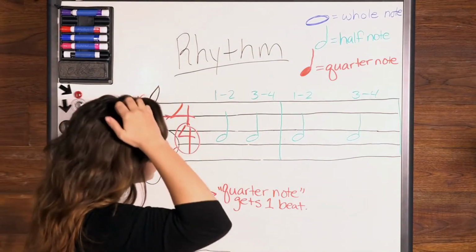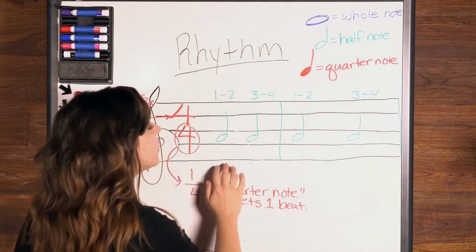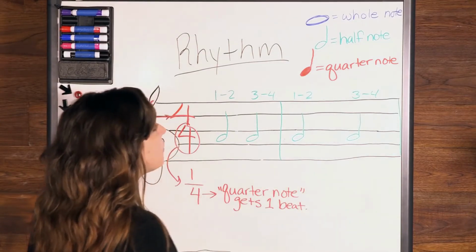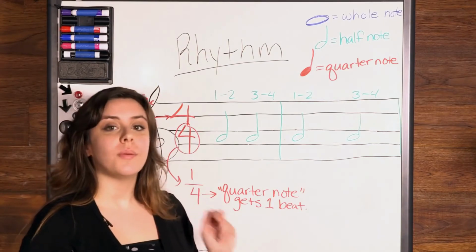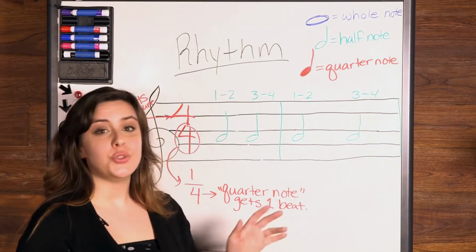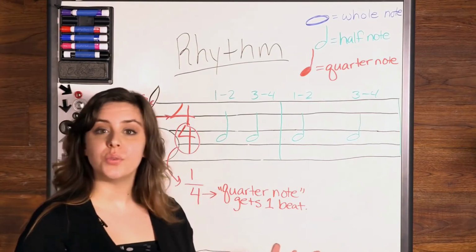Now, for the half note, you can only have 2 of them, and there's 2 more notes I'm going to teach you because they are the most commonly used ones.